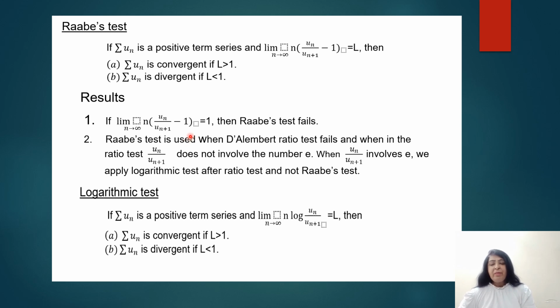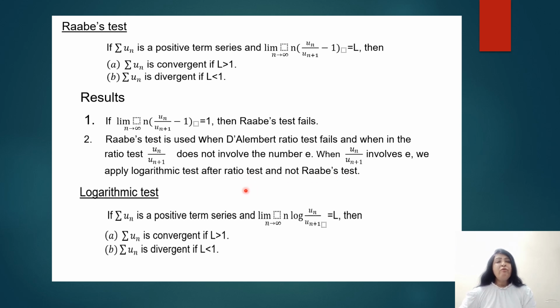Now this Raabe's test is used when the ratio test fails and when the term un upon un plus 1 doesn't involve e exponential. If un upon un plus 1 involves e, then we apply the logarithmic test after the ratio test, not Raabe's test.